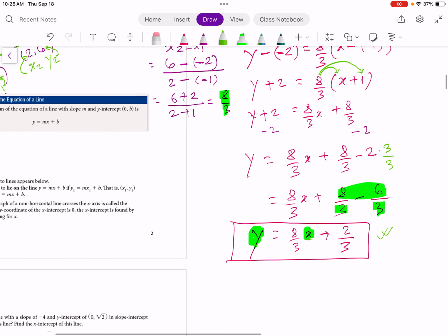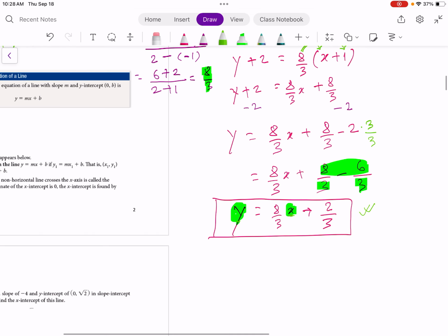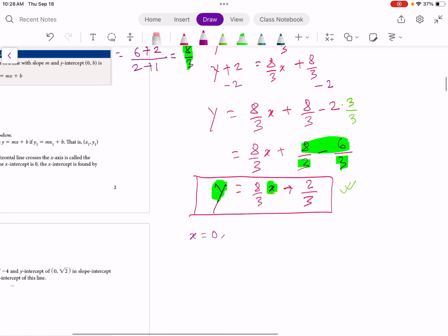Once you have the equation of a line, you can find all those infinitely many points on that line. For example, let's take x equals 0. If x is equal to 0, we can find the y on that line. So you substitute 0 here. Our y is 8/3 times 0 plus 2/3, so y is 2/3.